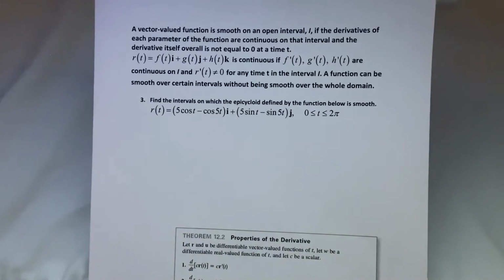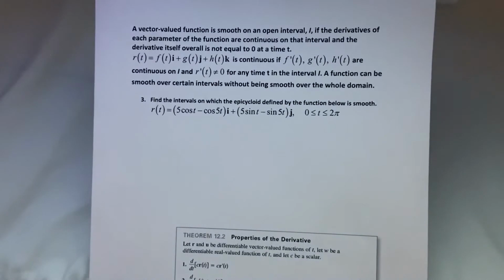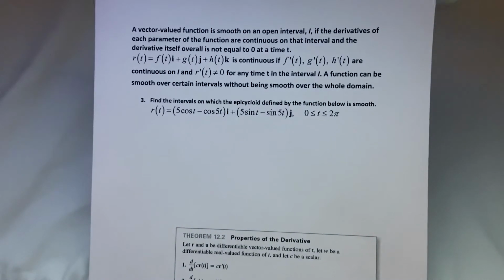A function can be smooth over certain intervals without being smooth over the whole domain. So find the intervals on which the epicycloid defined by the function below is smooth. We have r of t equals (5 cosine t minus cosine 5t) i plus (5 sine t minus sine 5t) j between 0 and 2 pi.